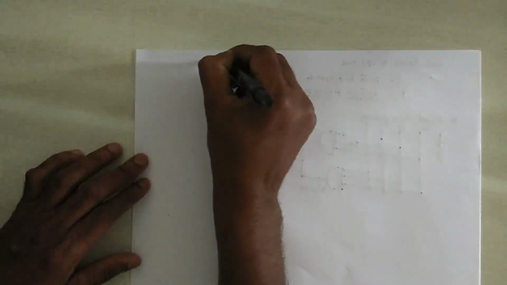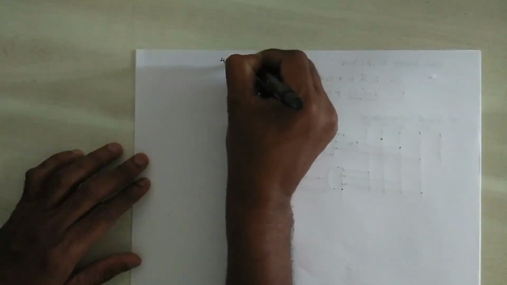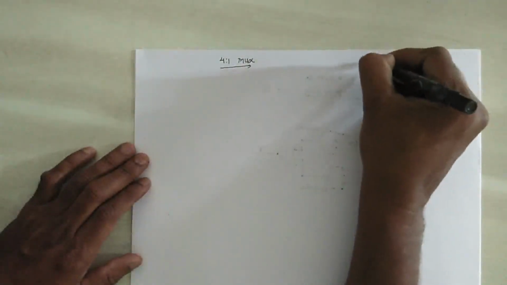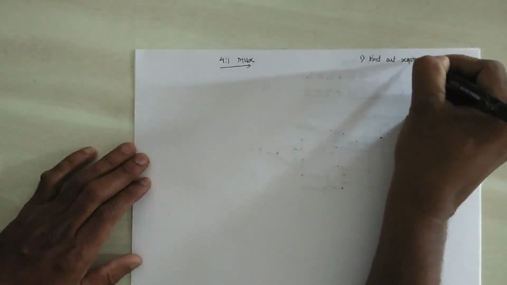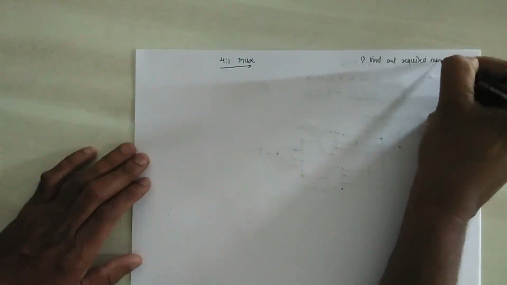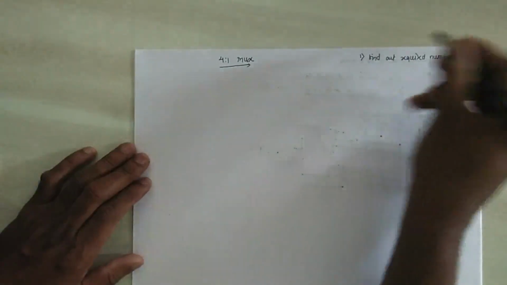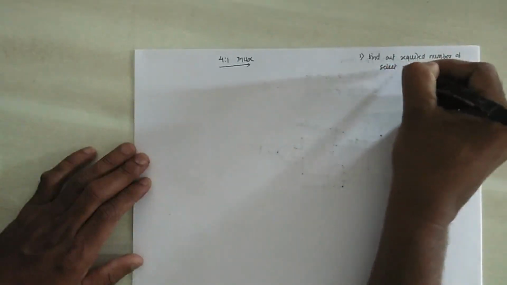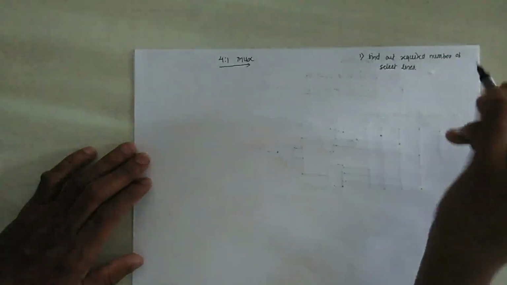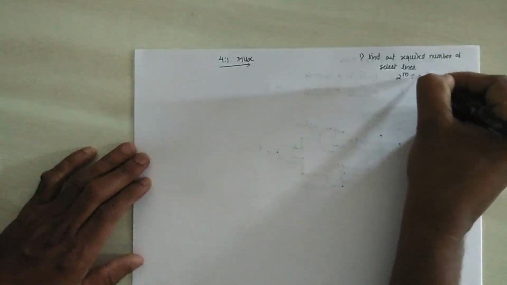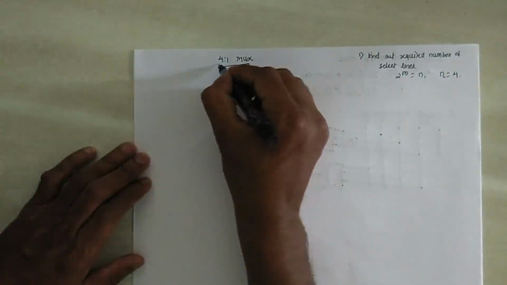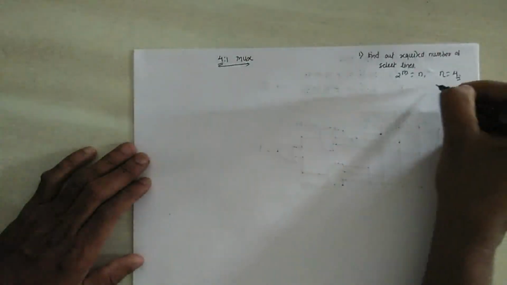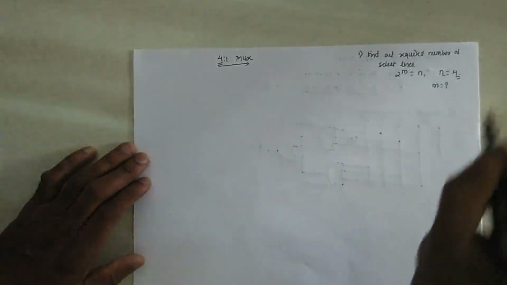Next, continue with the 4:1 mux. For the 4:1 mux, just follow the steps. Step first, find out the required number of select lines. This can be found by using the formula 2^m is equal to n. So n, the number of inputs, is 4. For what value of m will the equation be satisfied?